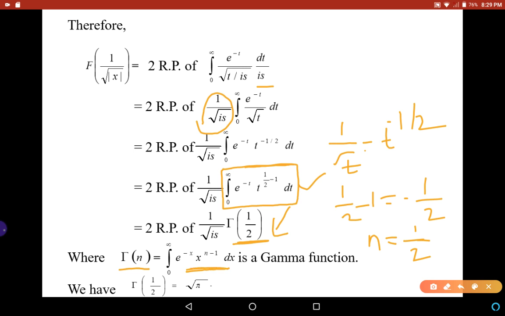So we consider that value gamma of 1 by 2 as root pi, and we substitute here gamma of 1 by 2 as root pi. Then the Fourier transform of 1 by square root of mod x becomes 2 times the real part of 1 by square root of is into gamma of 1 by 2, which is root pi.